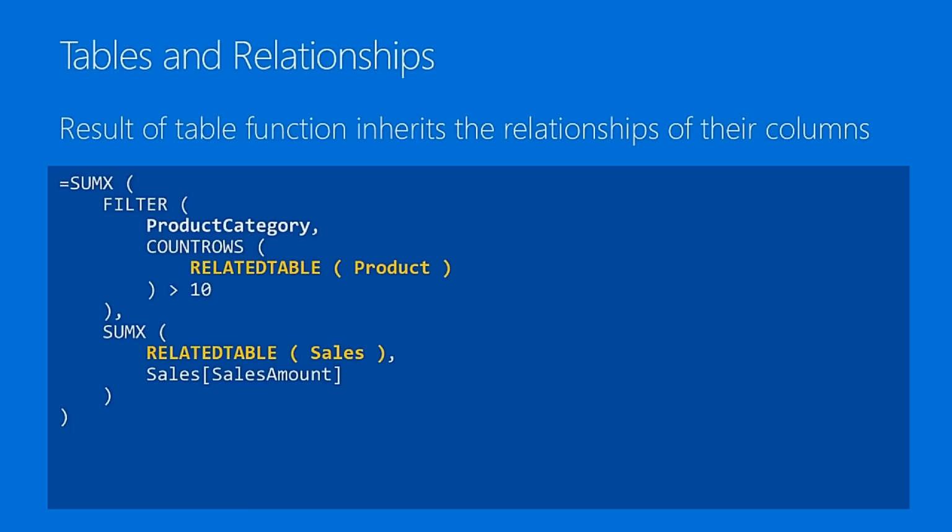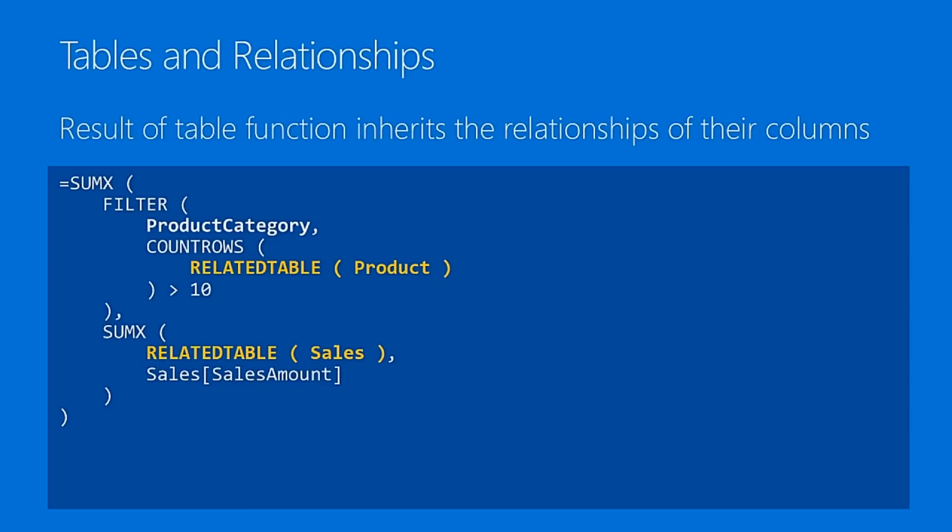So it filters category, and then for each category it counts rows the related table product. That is fine. The result of this is a set of categories. But it's not just the category names. It's not just the category values. They are the categories. So the result of this filter is then used inside sum x.